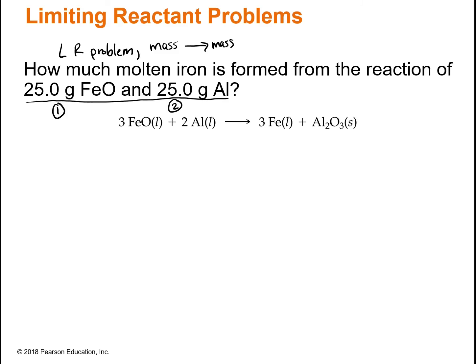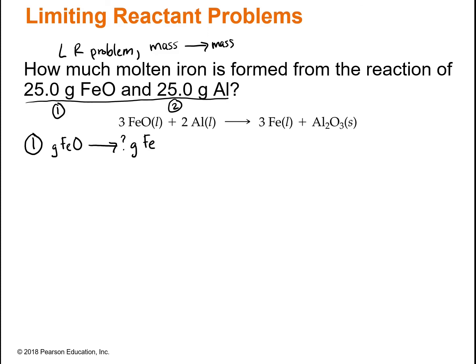I'll still write out everything in the kind of color-codedness, but I won't write out the plan. So for our first problem, we've got grams of iron 2 oxide, and we're trying to figure out how many grams of iron.